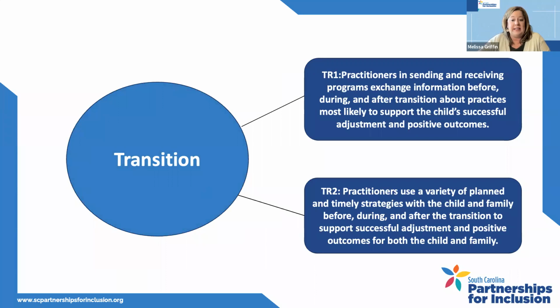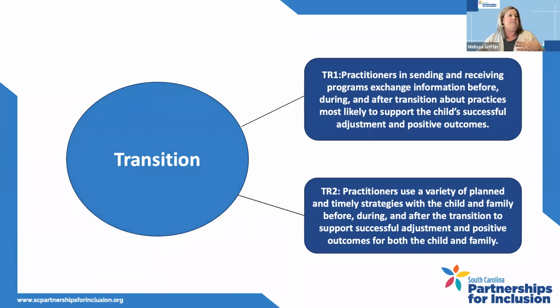And then finally, the obvious one, transition, right? So practitioners in sending and receiving programs exchange information before, during, and after transition about practices most likely to support the child's successful adjustment and positive outcomes. So they started early with Olivia, right?